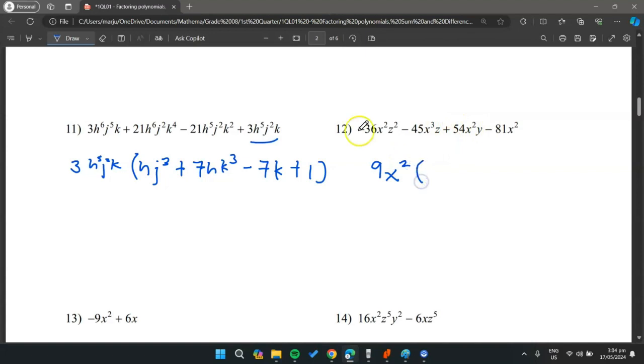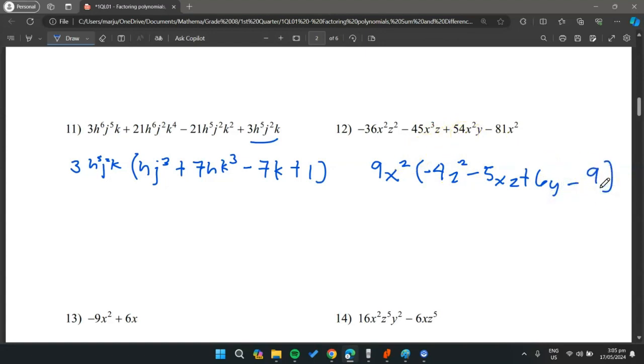And then negative 36 divided by this one. This should give us negative 4, and then cancel out x squared, so we have z squared minus, this is 5xz plus 54 divided by 9, that is 6, and then we have y minus 9.